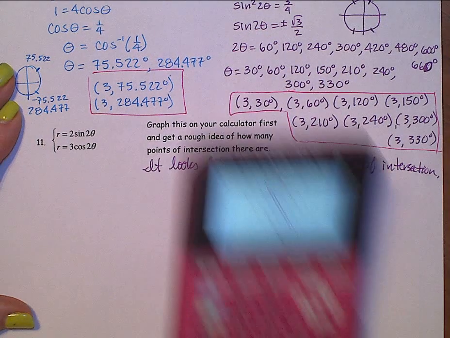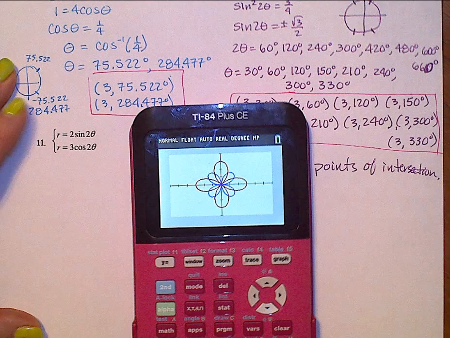Now, maybe you caught that when I said it looks like. There really are not 9 points of intersection.